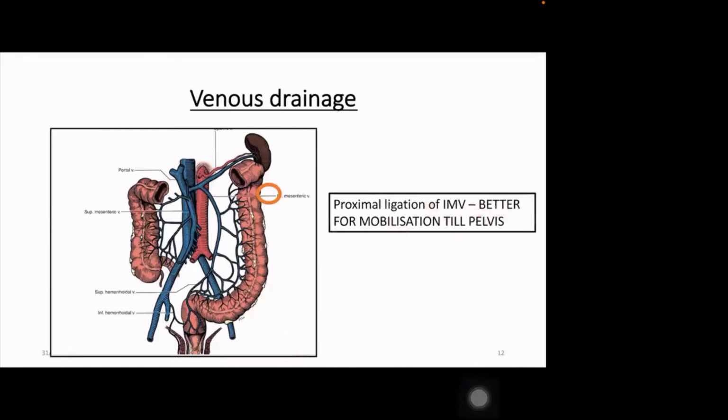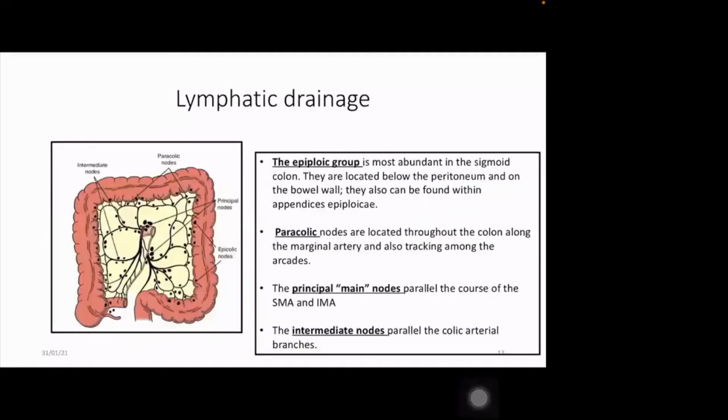Fine. So, lymphatic drainage of the colon. Basically the lymph nodes draining the colon are divided into 4 groups. One is the epicolic group, which is present in the colonic wall. Next is the paracolic group, found along the marginal artery of Drummond.